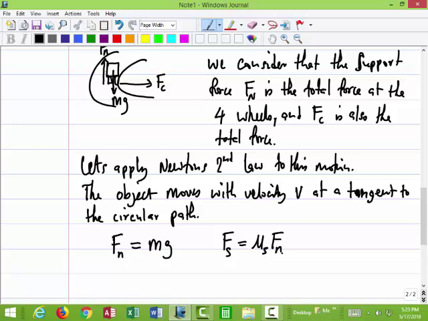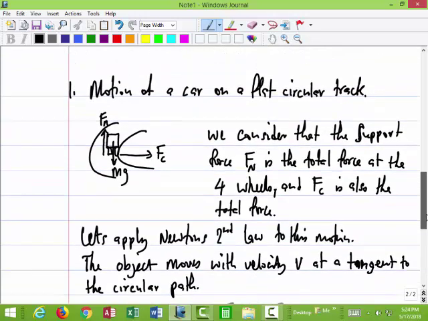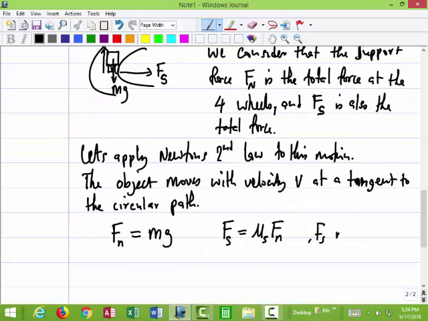Let me make a correction. Instead of F subscript c, which we use for centripetal force, I want to call this the static frictional force. These are the static frictional forces. So Fs is the maximum static friction at the wheels.